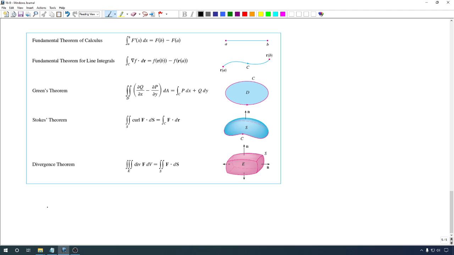In fact, these are all special cases of a much more general theorem that works for any dimension, which is actually frequently referred to as Stokes' theorem as well. We can write that as the integral over the boundary.